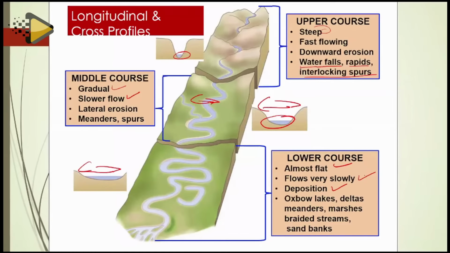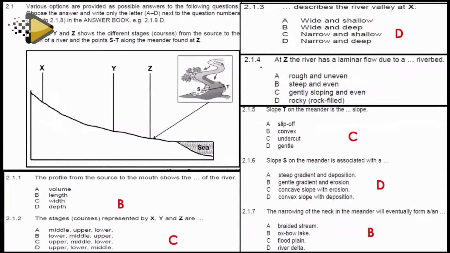There is dominance of deposition. Then we have different features occurring there: oxbow lakes, deltas, meanders, marshes and floodplains, braided streams, and sandbanks. So these are what you can expect to find in the lower course of the river.